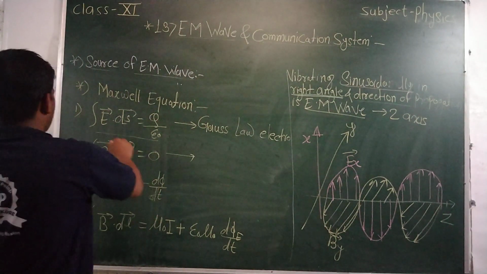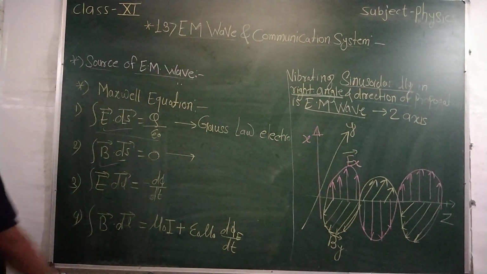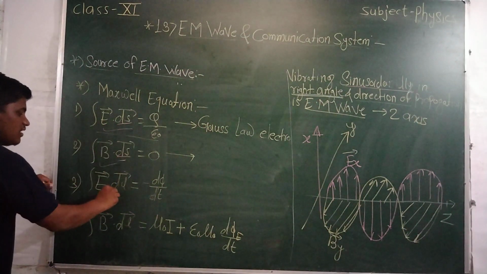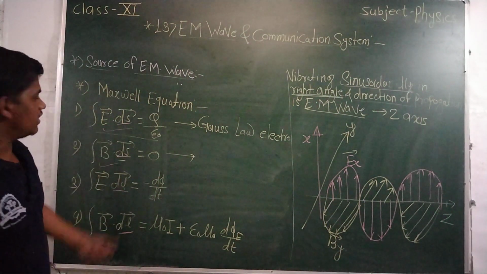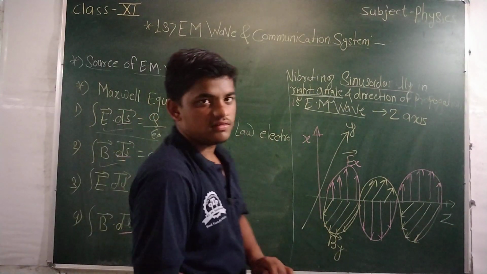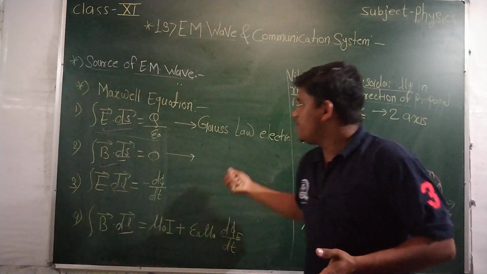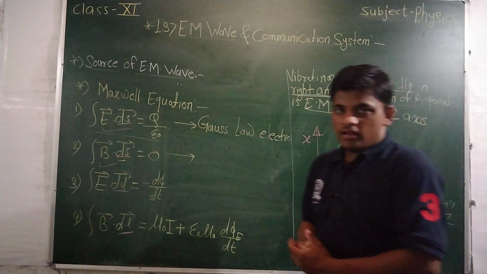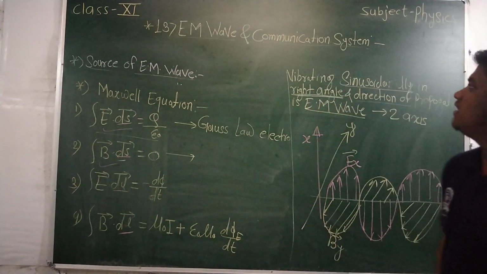One law is for the electric field, another is for the magnetic, one is electric and another is magnetic. One is for a surface, another for a length of conductor. This is all about the Maxwell equations. Let's end this lecture here.